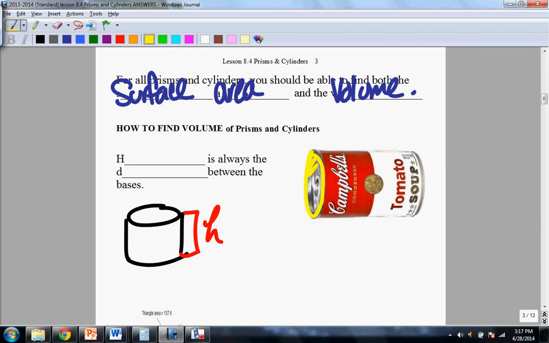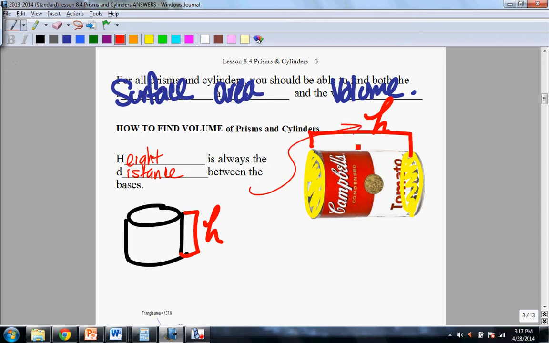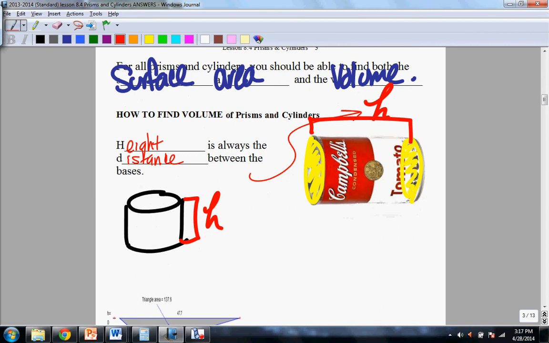But if I turn the can sideways, there are my bases. Height always means the distance between the bases. So even if it's sideways, height always means the distance between the bases.